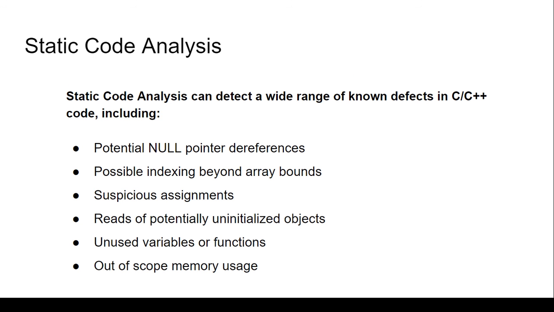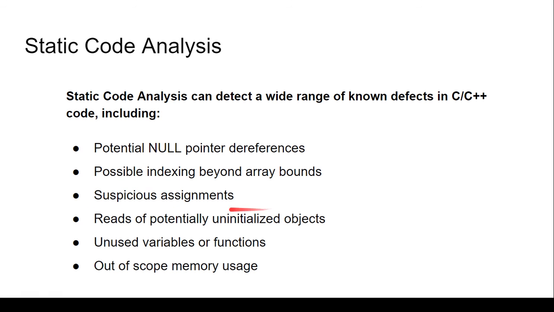Actually there are a lot of possible errors that can happen in your C or C++ program. Some of them are listed in here. Null pointer dereference, indexing beyond array bounds. This is a very common one. If you have an array of 10 indexes and you try to access index number 11, it will give some garbage value or error.